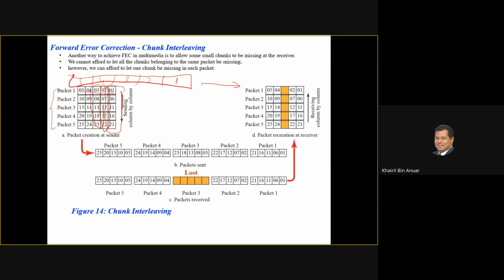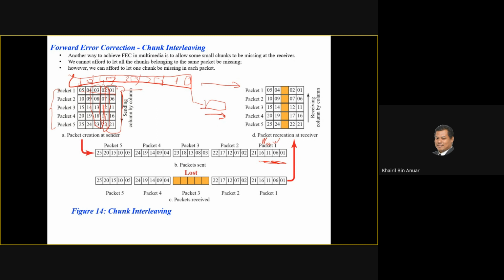So you have 0, 1, 0, 6, 11, 16, 21. Instead of sending directly this bit, you take each and every first bit from each frame, group them together, and send this as the first bits being sent. So this is your new packet 1.